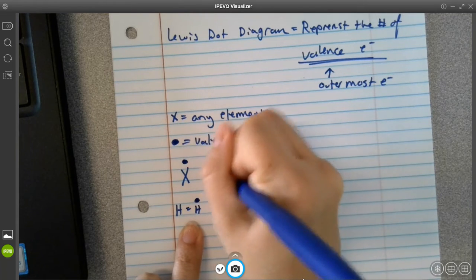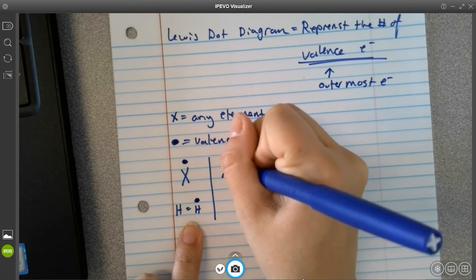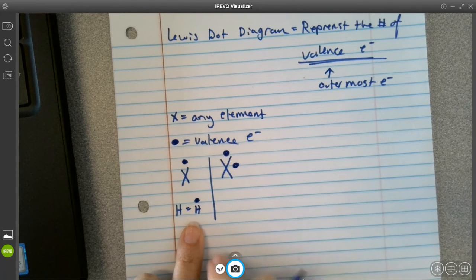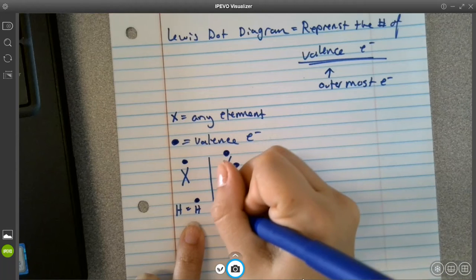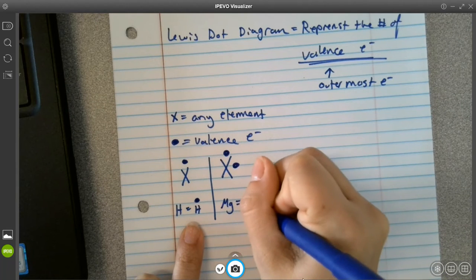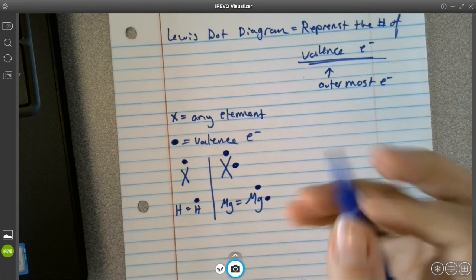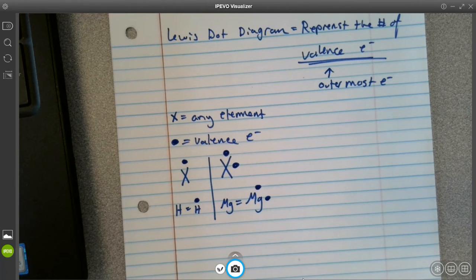If I'm looking at my second family, you will have the element with 2 dots. So let's look at magnesium. Simply have 2 dots. So in the long run, when we're going through with these, it doesn't matter where the dots are placed. What matters is, do you have the correct number?